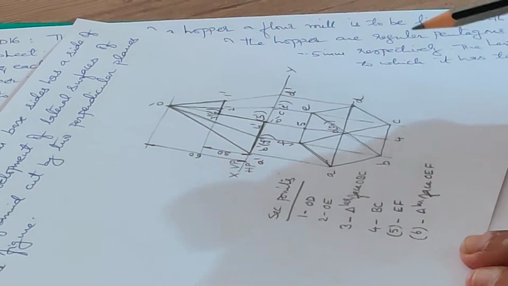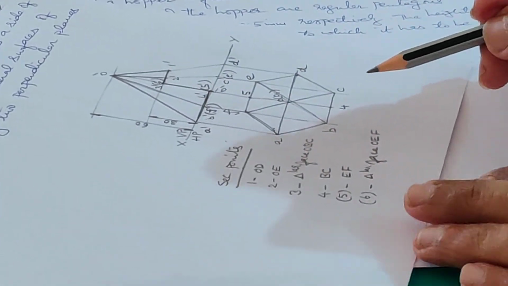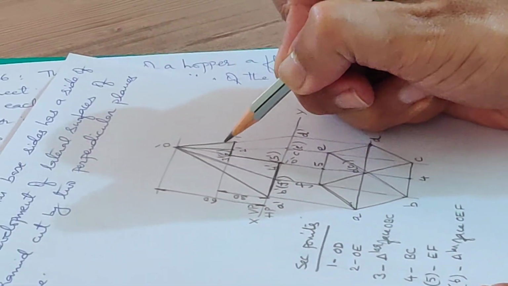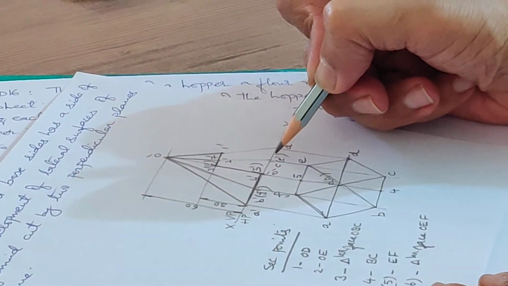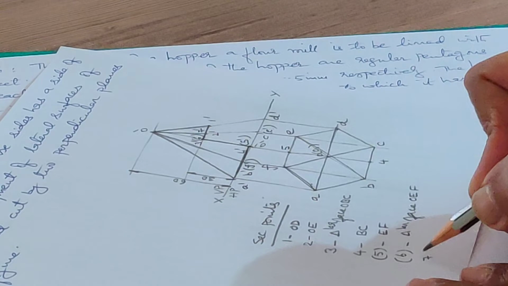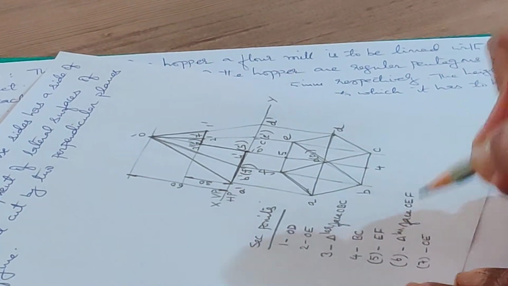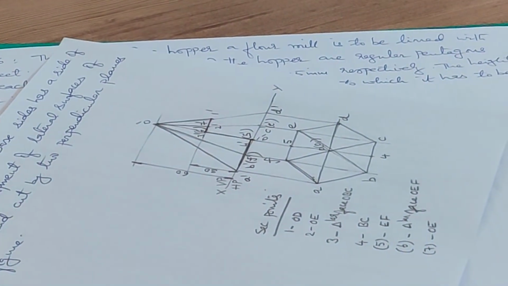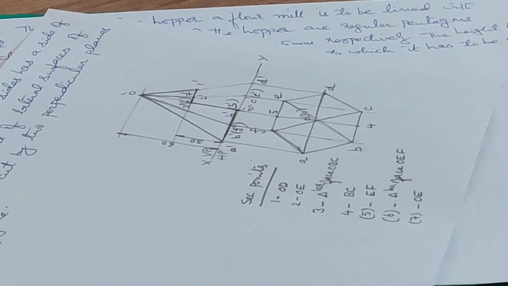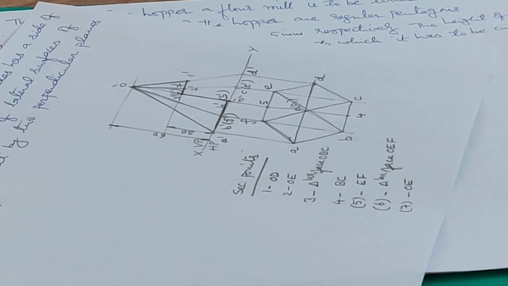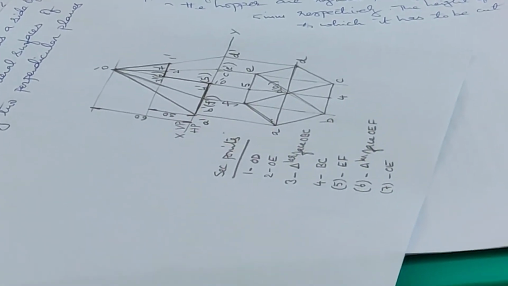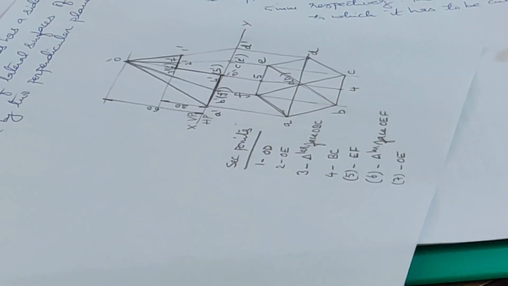It is in fact on the center line of the triangular face, OEF. And then the last point, 7 dash, it is on the slant edge OE, which is invisible. Okay, so that completes the orthographic projection. I'll come back and draw the development.